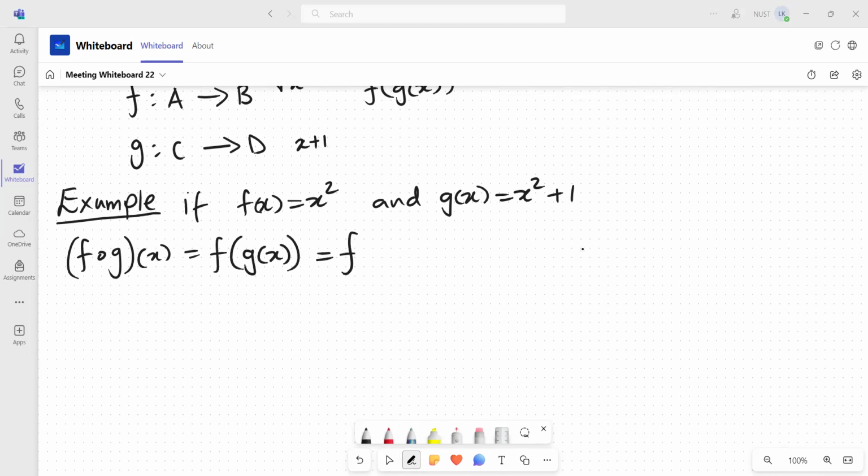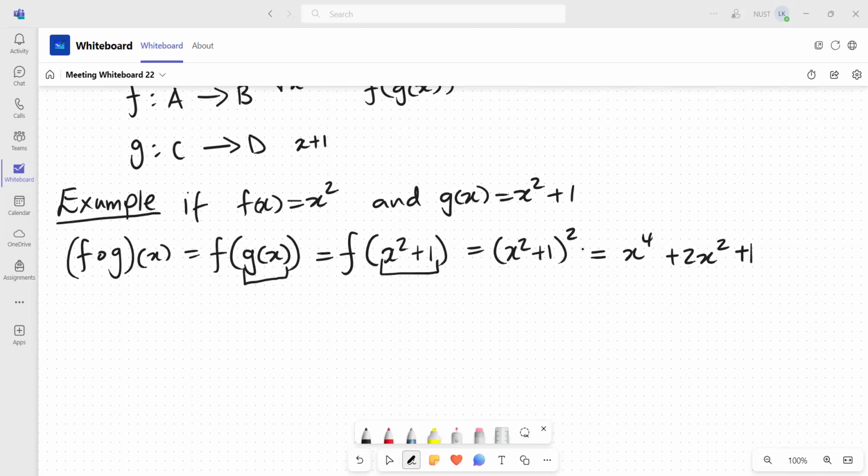So into f, I replace x with what g of x is, which is x squared plus 1. So instead of writing x, I put x squared plus 1, then everything else will remain the same. So this, by the binomial theorem, is x to the power of 4 plus 2x squared plus 1.